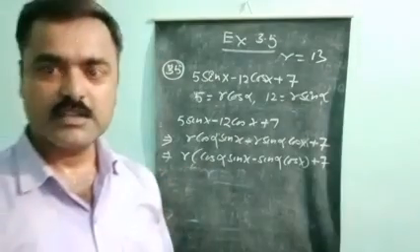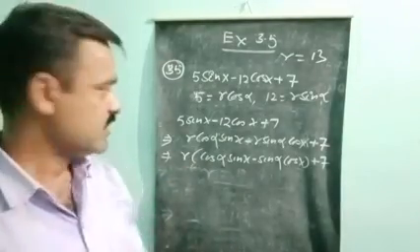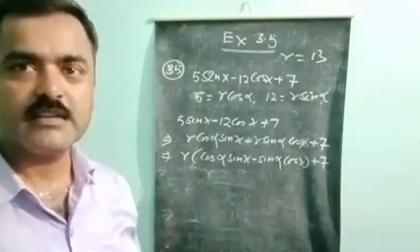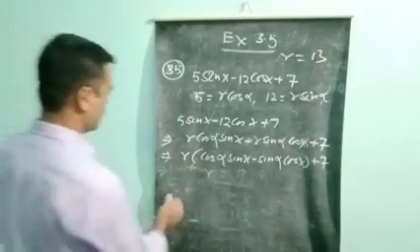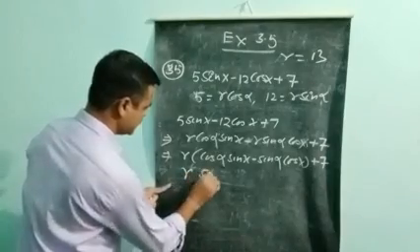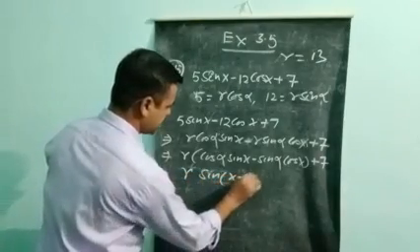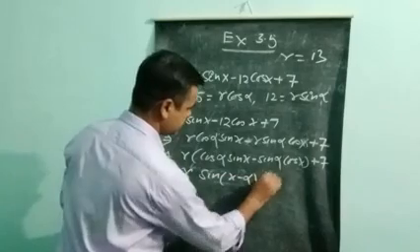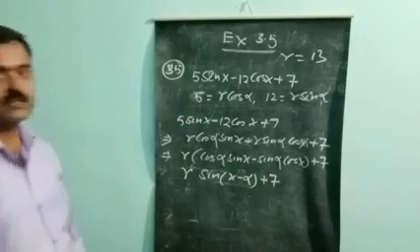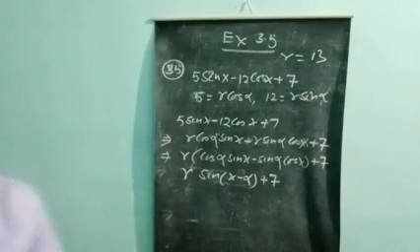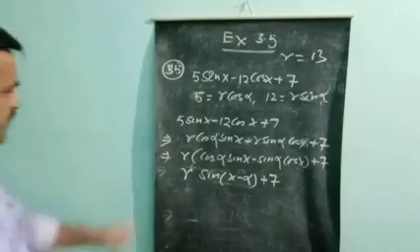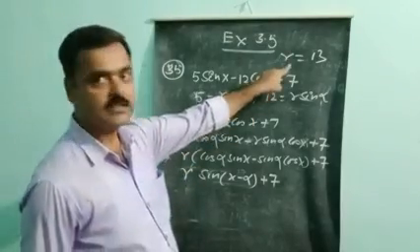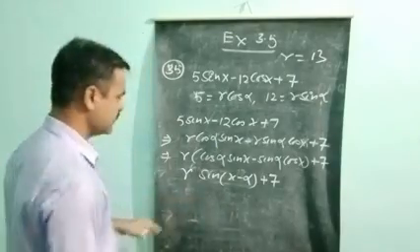Now we know that sin a cos b minus cos a sin b equals sin(a minus b). So this is r sin(x minus alpha) plus 7. But here r equal 13, so put the value where r equals 13.